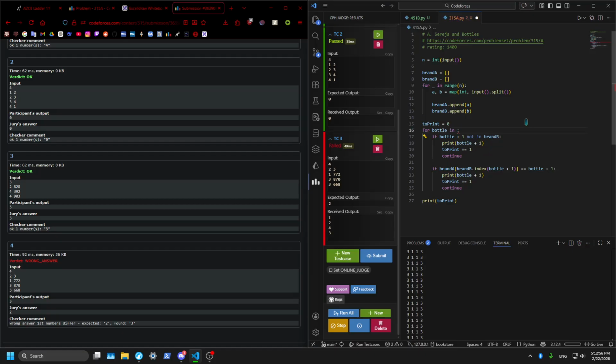For a bottle in brand A, if bottle not in brand B, print or to print plus equals 1. Find the index.